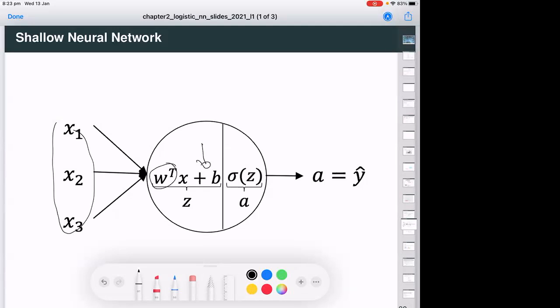You add a bias, and this is called Z, and you apply the activation to Z, and you get this value, which is just a real value, and in a simple shallow neural network, it gives you the output.